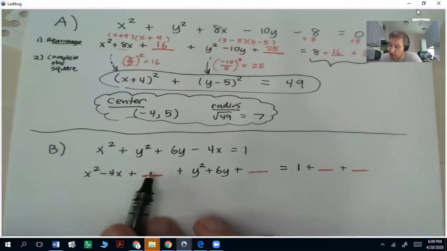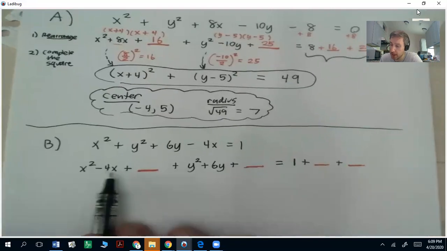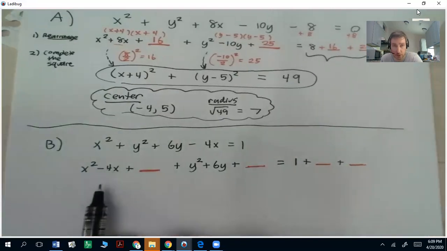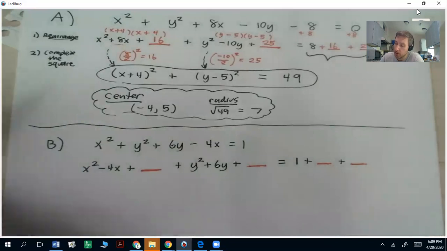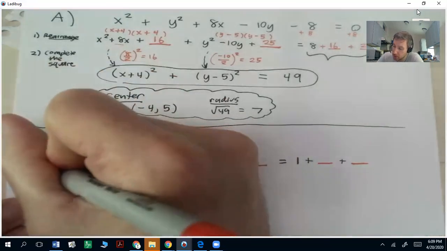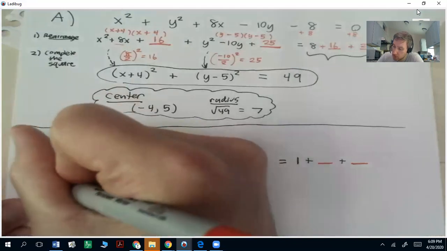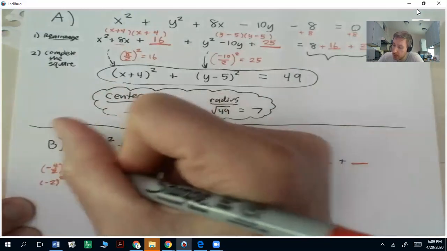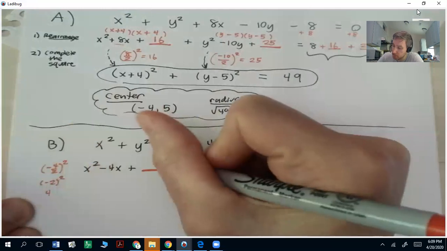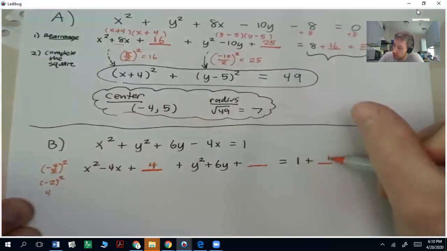So let's talk about this one first. To complete the square with a negative 4, divide the negative 4 by 2 and square it. So negative 4 divided by 2 is negative 2. Negative 2 squared is positive 4. That'll go there and there.